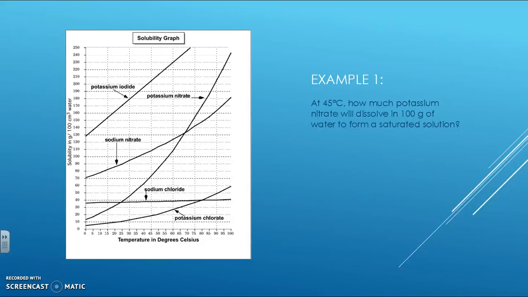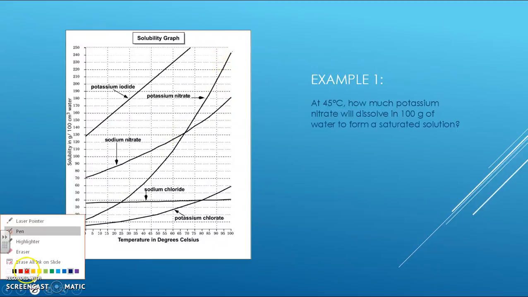All right, so how do we use this solubility line or solubility curve to answer questions? Well, we've already shown you a little, but let's go through another couple more examples. So here it says, at 45 degrees Celsius, how much potassium nitrate will dissolve in 100 grams of water to form a saturated solution? So we've got to find our potassium nitrate curve, which just so happens to be this one.